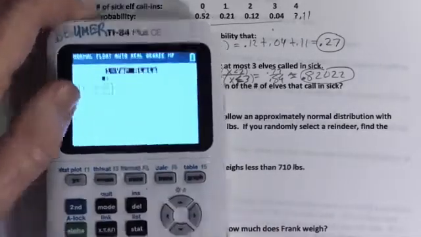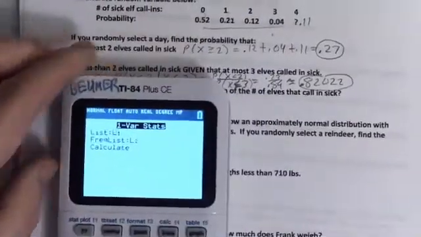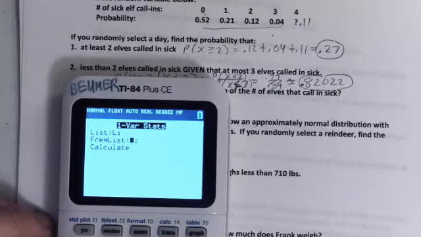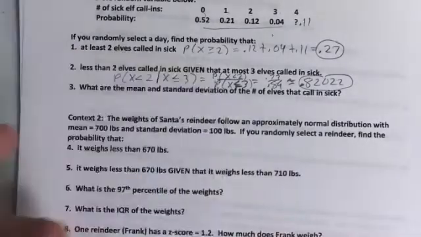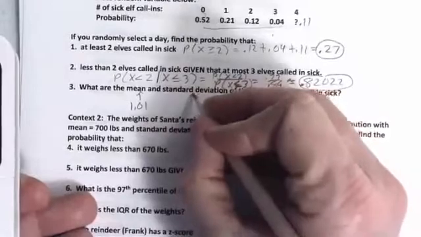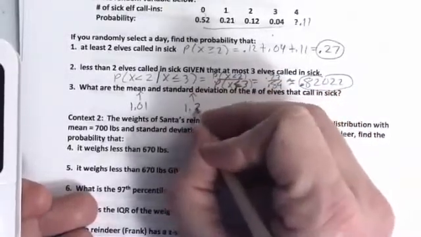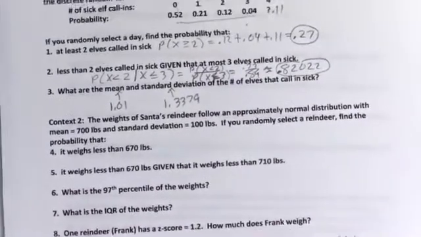If it didn't say list 1 there, it's above the 1, and list 2 is above the 2. So you do second 1 to put list 1 there, and second 2 to put list 2 there. Then we do calculate. And there we go. Our mean is 1.01, and our standard deviation is 1.3379 approximately. And so that is that.